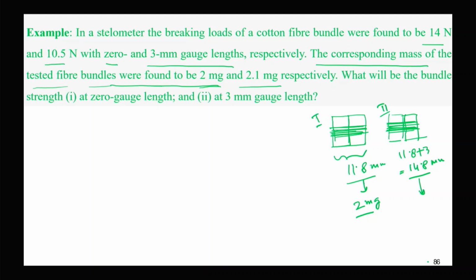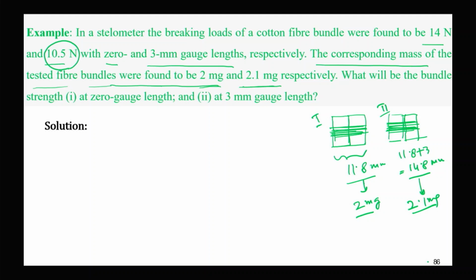In that case, we take the mass 2.1 milligram. So here it's not sure that we are taking the same number of fibers, maybe the number of fibers is different, but at 3 millimeter gauge length we are getting 2.1 milligram mass, and the strength becomes 10.5 Newton.